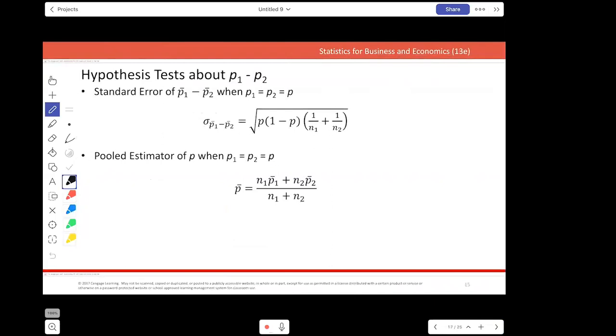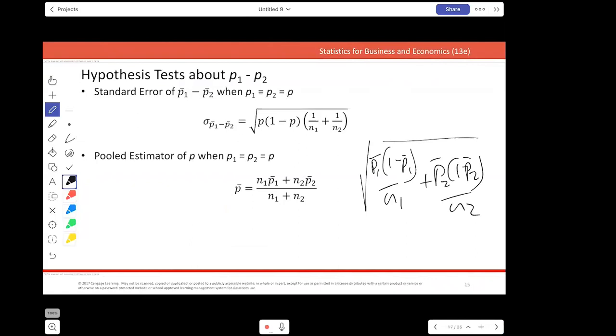And then, of course, the standard error is going to be a little different, because the formula that I showed you earlier for the standard error looked like this: P bar 1 times 1 minus P bar 1 over N1 plus P bar 2 times 1 minus P bar 2 over N2.